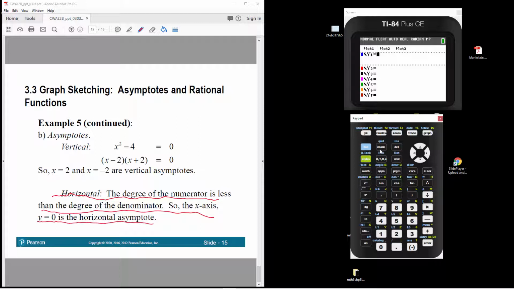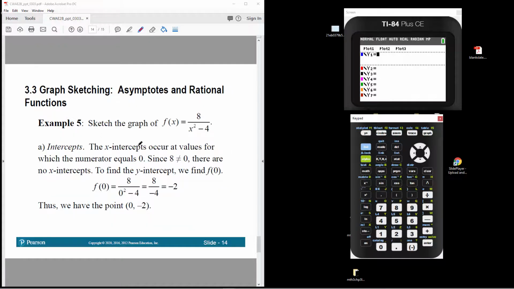Now for this one, let's just put this in the calculator and see how it turns out. So I have 8 divided by x squared minus 4.